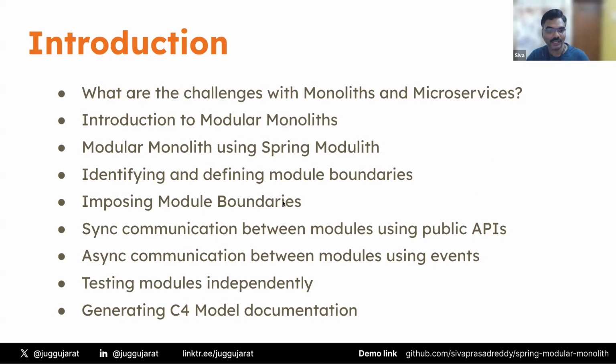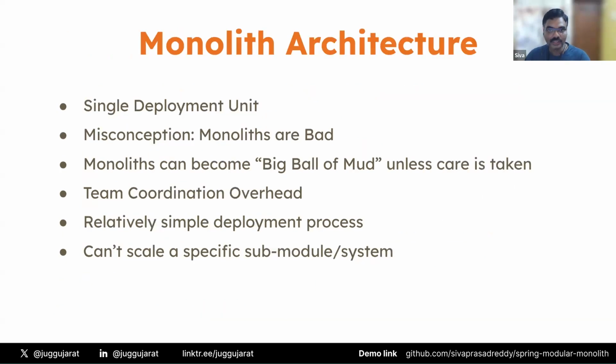So first, before jumping into code and everything, let us get some theoretical understanding of some of these concepts. Then it would make sense. About monolithic architecture, this is nothing new. We have been building applications following monolithic architecture for a long time, and then we face some challenges.